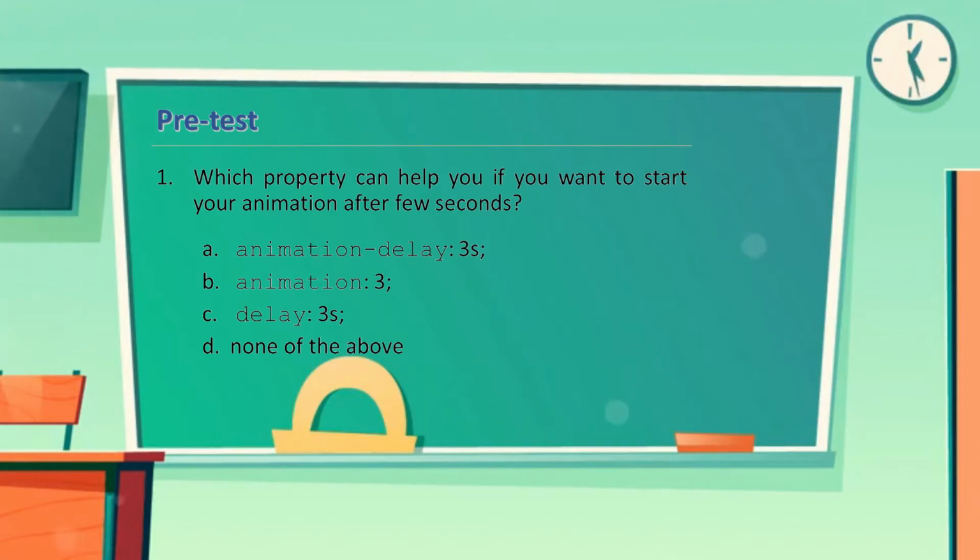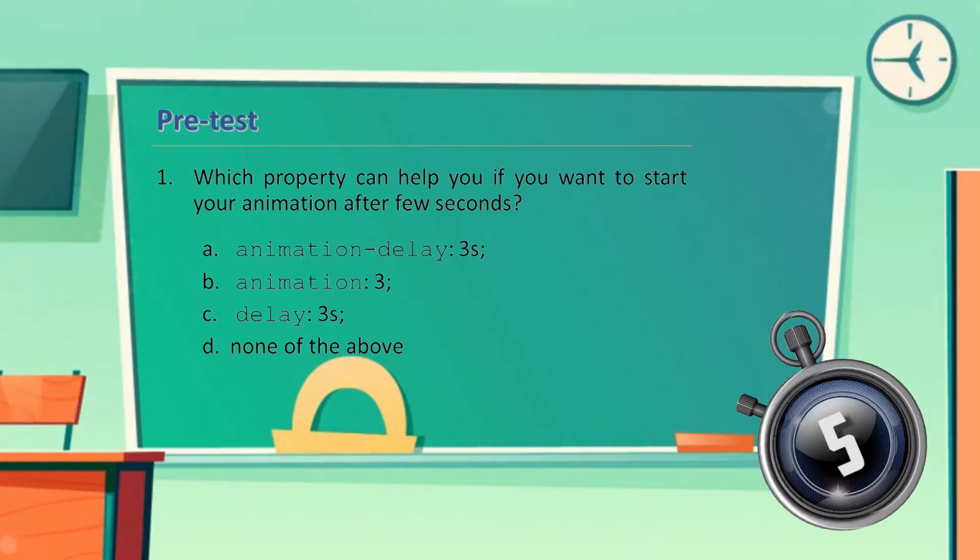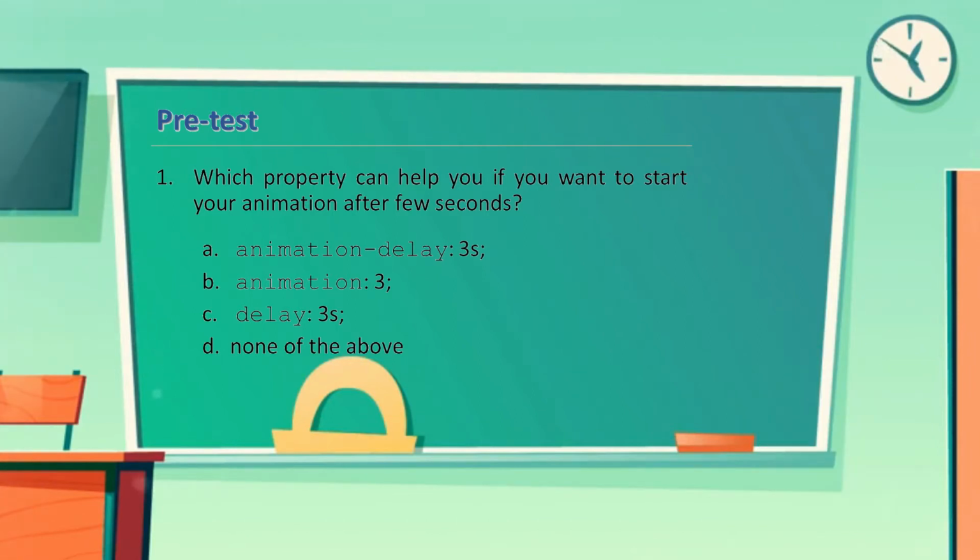Letter B. By using animation property with 3 seconds value. Letter C. By using delay property with 3 seconds value. And letter D. None of the above. And the correct answer is letter A. By using animation delay property with 3 seconds.